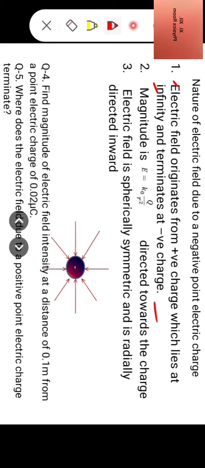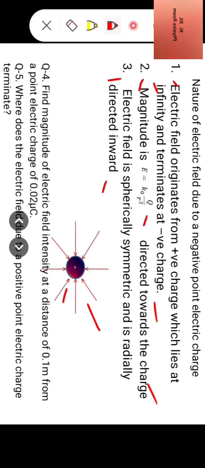Second, the magnitude is given by the expression E is equal to K naught Q by R square, directed towards the charge. Here you can see the field lines are directed towards the charge. The third point, the electric field is spherically symmetric and is radially directed inward. You can look into the diagram that the field lines are radially directed inward.